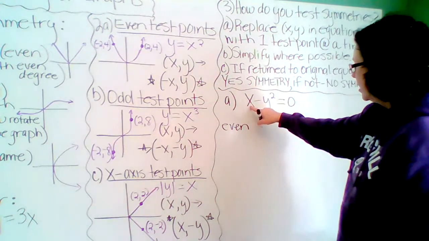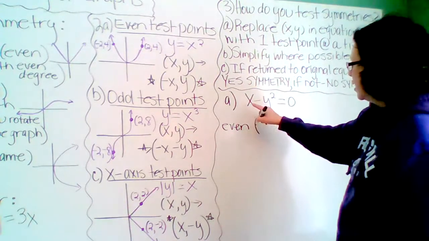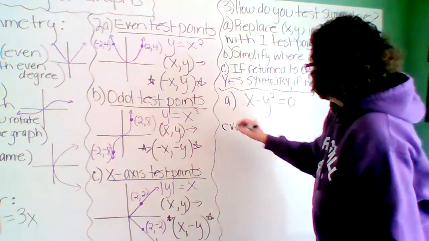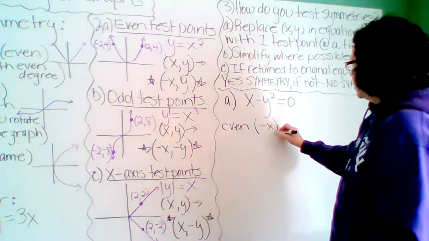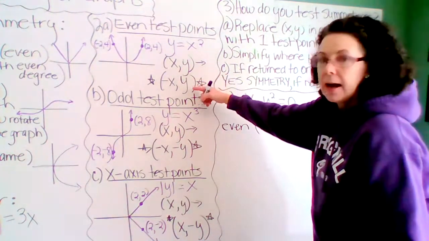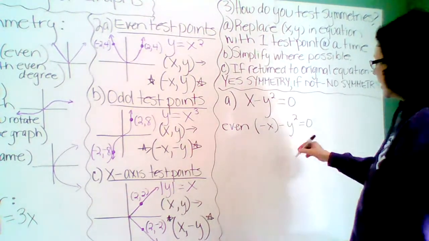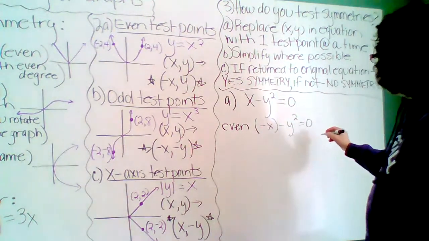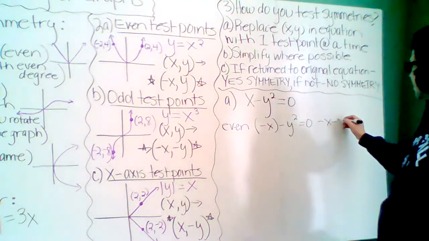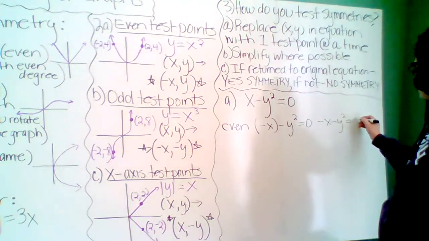So for this x right here, use plenty of parentheses. This x I replace with a negative x, minus the y, which I keep the same. Simplification, I really can't do anything here. I have negative x minus y squared equals 0.